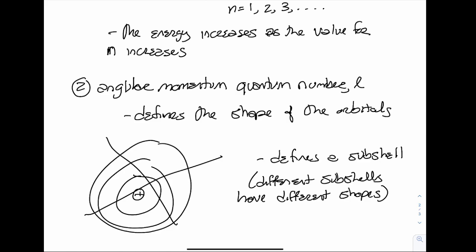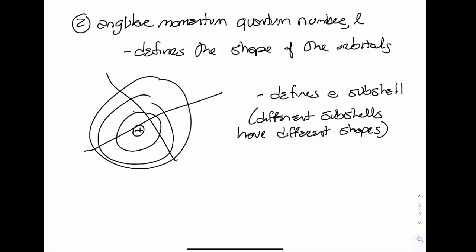But for now, know that it does define the shape of our orbital. We can say subshells for the different values. And then also numerically, l is always equal to 0, or from 0 to n minus 1. So depending on what shell you're in, what your value for n is, you're going to have a different number of subshells, a different number of shapes.